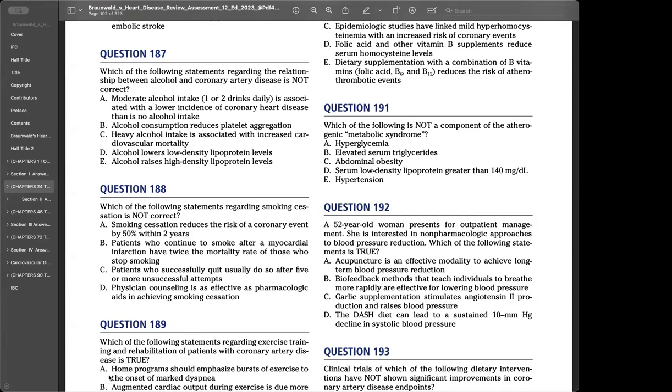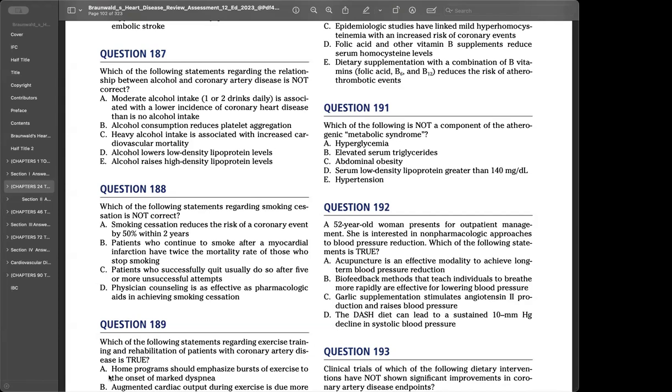Question 191. Which of the following is not a component of the atherogenic metabolic syndrome? This question is trying to test our knowledge of the components of metabolic syndrome and various cutoffs or criteria to make a diagnosis.